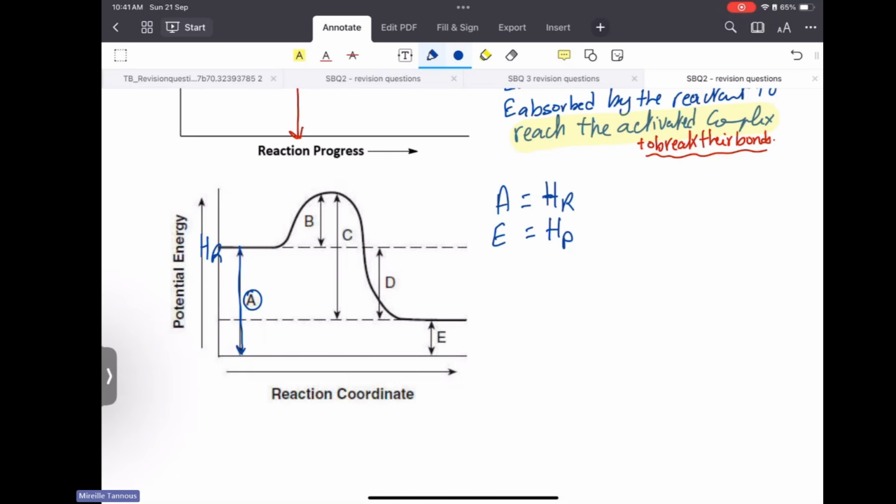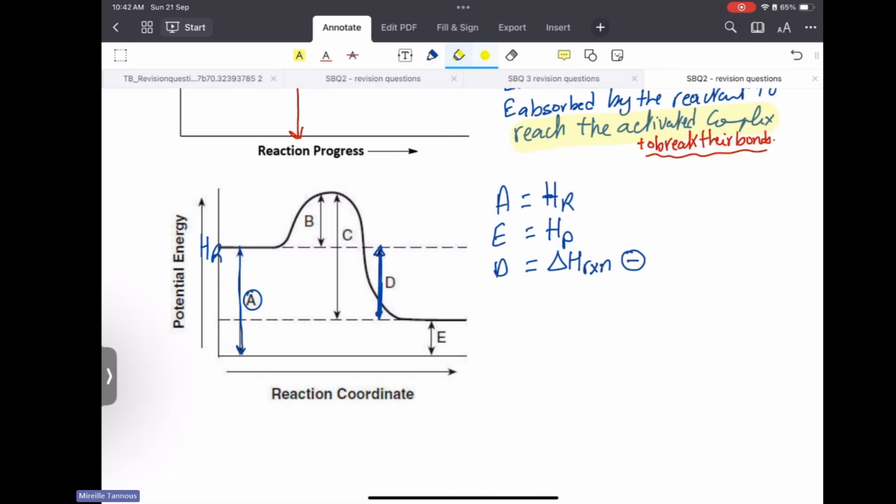Now, the difference between them is D. So D is the enthalpy change of the reaction. Now, again, this diagram shows an exothermic reaction, so the enthalpy change of this reaction is negative.